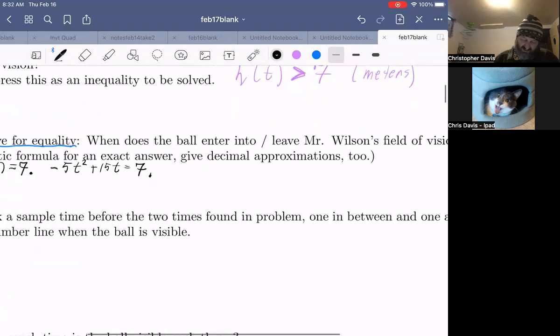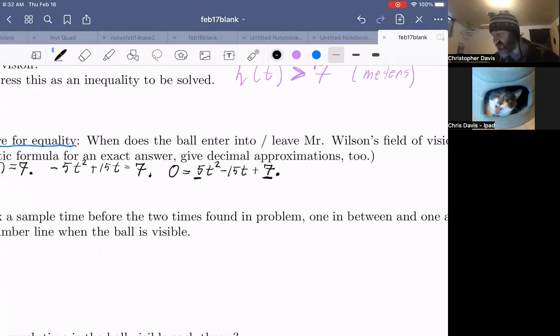I'll rewrite that as 0 equals 5t squared minus 15t plus 7. You could try doing this by factoring, but the fact that both of those coefficients are not equal to 1 makes that unpleasant. Plus, they're both prime, so there aren't that many factors to work with, so I don't think this will factor anyhow.